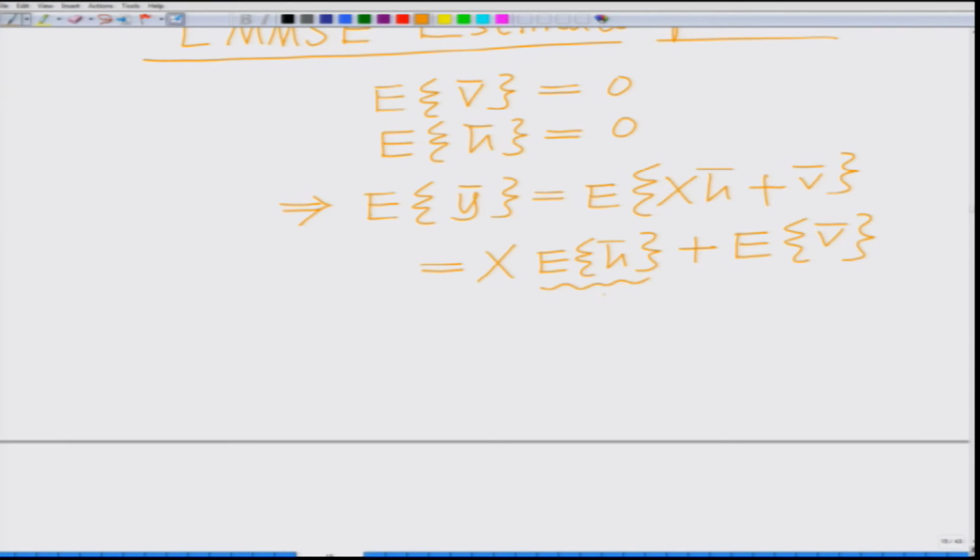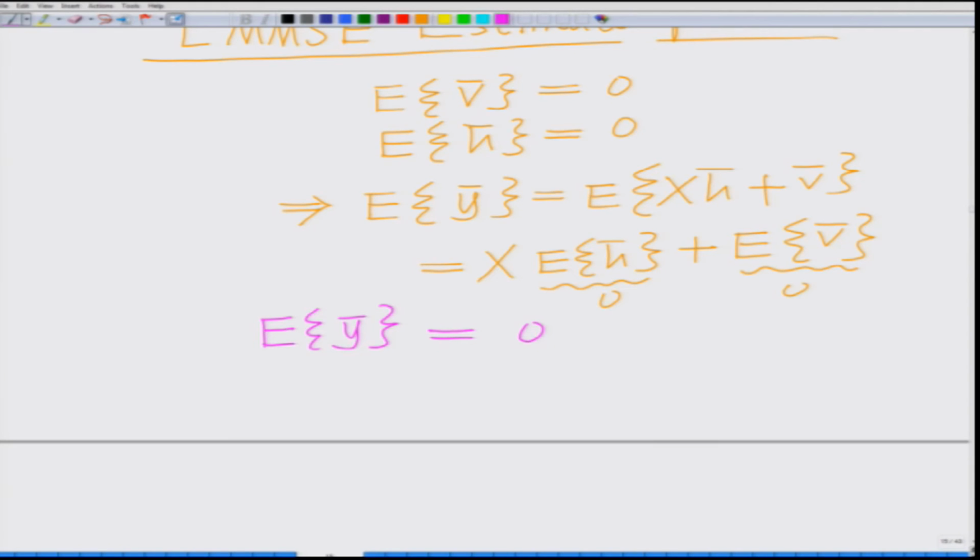Now, the expected value of h bar is 0, the expected value of V bar is 0. So, this is basically 0. So, we have the expected value of y bar equal to 0, and the expected value of h bar equal to 0. So, the parameter is 0 mean, and the observation vector is 0 mean.